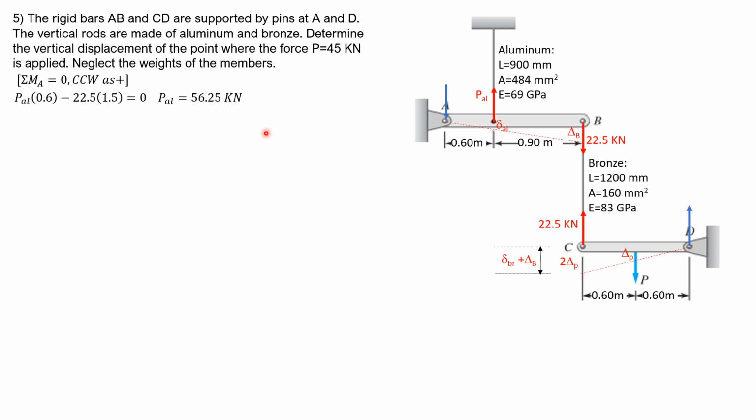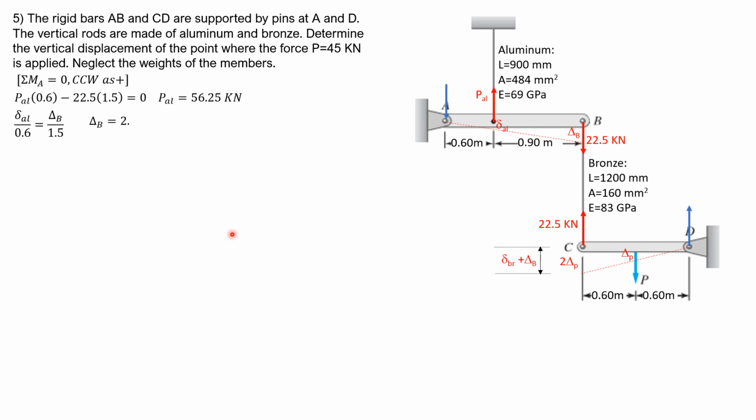So let's compute deflection of the aluminum bar because we have found the force. So it is force in newtons, length is 900 mm divided by area 484 times 69,000 megapascals. So deflection of aluminum bar over 0.6 equals delta B over 1.5.